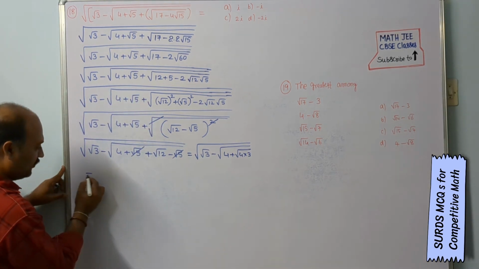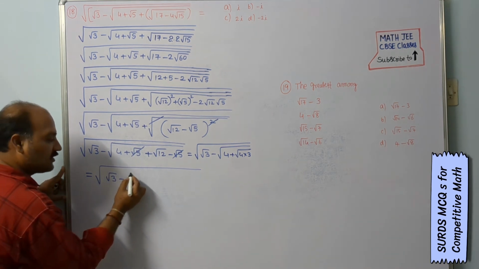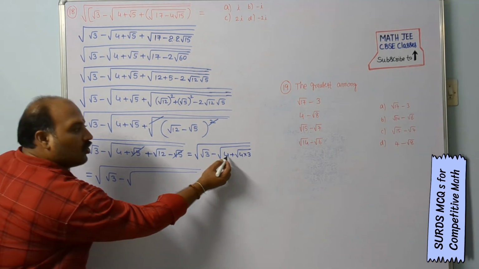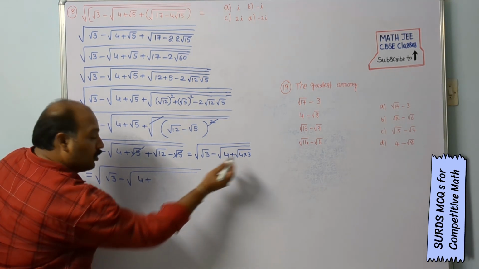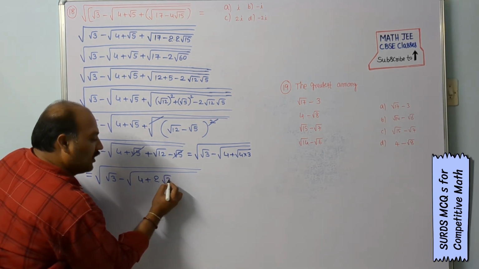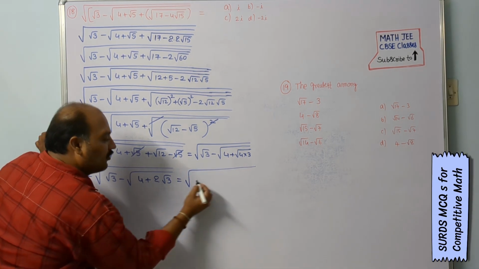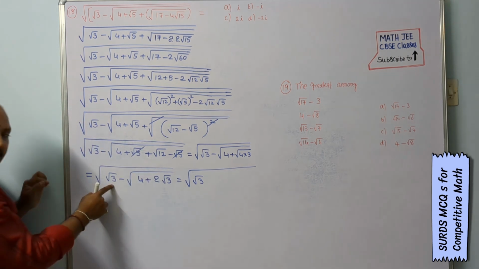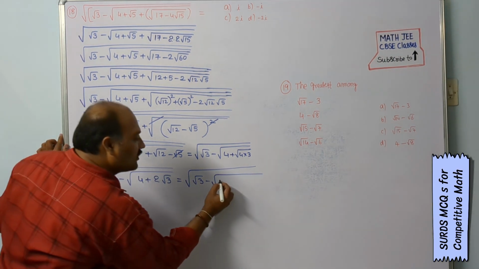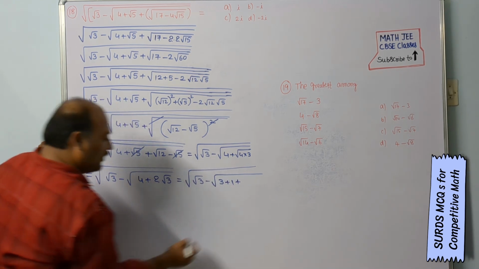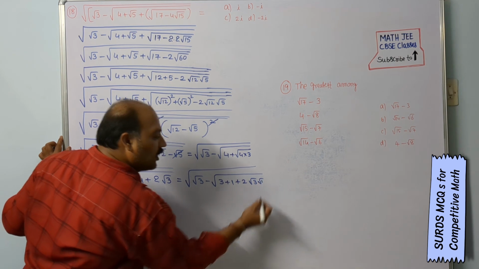In the next step, square root of root 3 minus square root of 4 can be written as 4 plus 4 root 4 into root 3. Root 4 means 2 into root 3. In the next step, this we can write it as square root of 3 minus square root of 4 can be written as 3 plus 1 plus 2 into root 3, which can be written as root 3 into root 1.